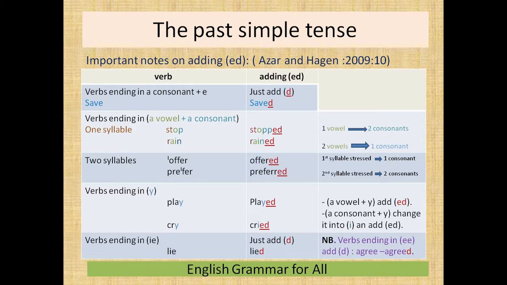Other verbs ending in ie, like for example the verb lie, we just add d. So the past form of lie is lied. Other verbs ending in double e, like for example the verb agree and disagree, we just add d.